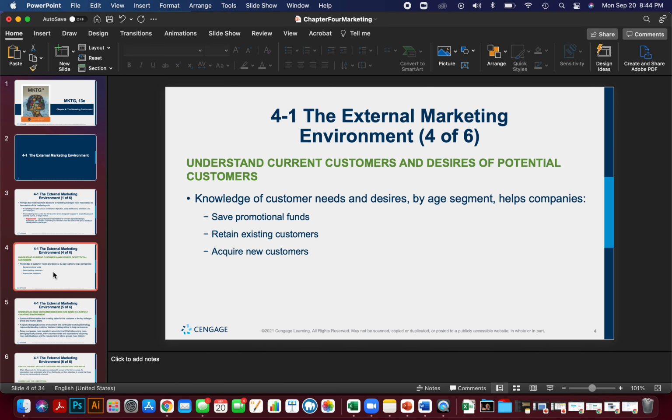So let's talk about understanding the current customers and desires of potential customers. The firm must understand its target market's needs and desires by age segment. This helps companies develop promotional elements, helps retain existing customers, and it helps acquire new customers.